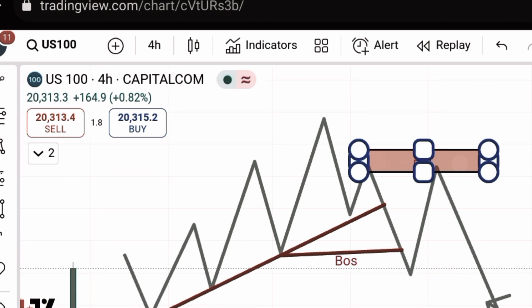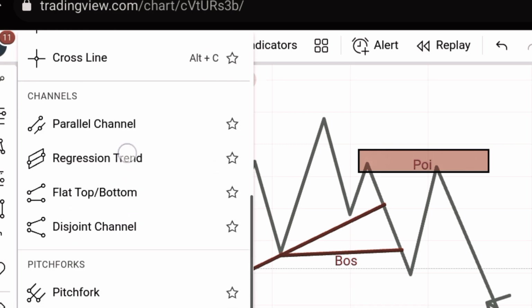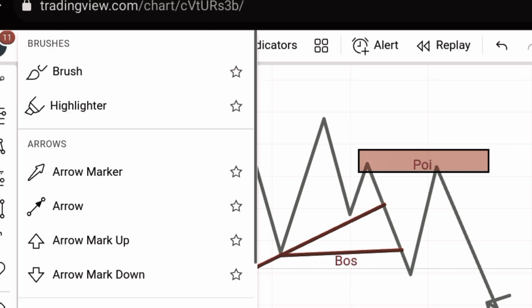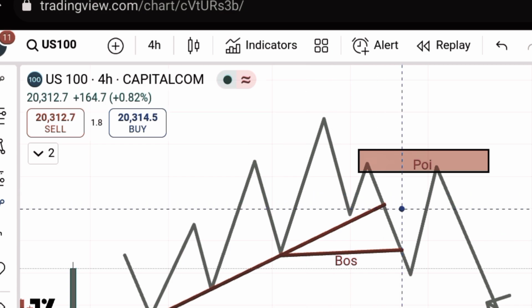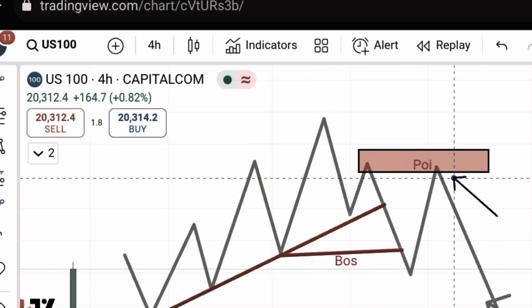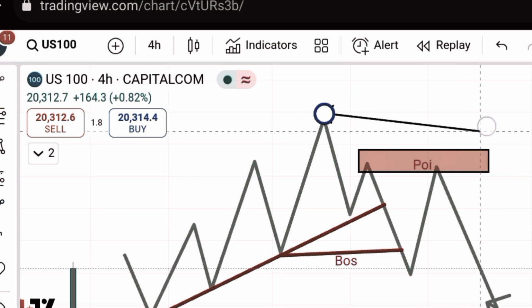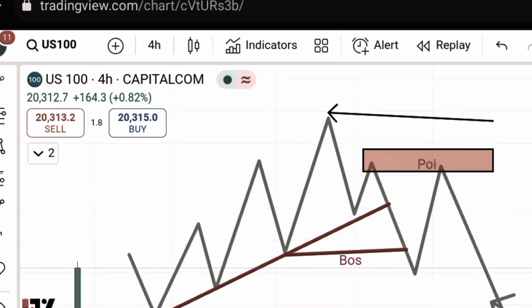The second pattern is something like this. Instead of us using this zone as our BOS, instead of us using this very zone as our point of interest, no, we are not going to be using this zone. We are going to be using this very one as our point of interest.